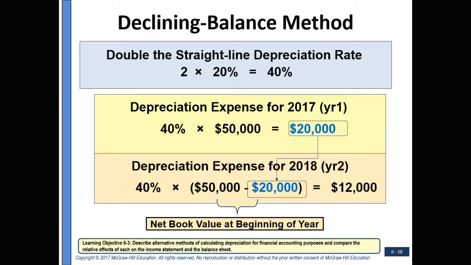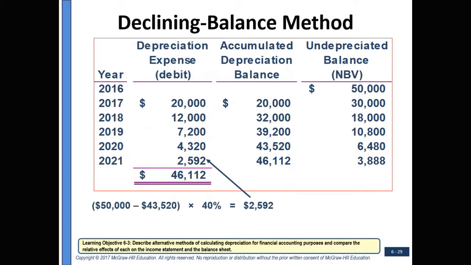We multiply that by the 40%, which gives us $12,000 for the depreciation expense for 2018. Again, we would have a depreciation schedule. Note that the declining balance schedule also is used to report the depreciation expense and the accumulated depreciation and the undepreciated balance, or the net book value.